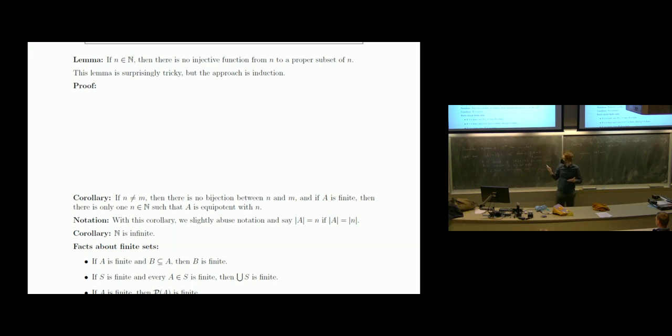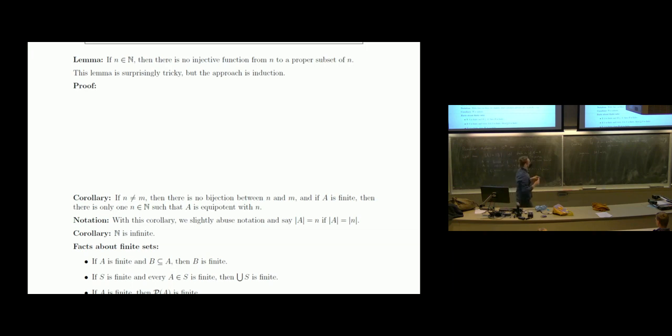And in fact, I'm agnostic about even naming sizes at this point. We don't have enough theory to give names to all the sizes. Here, I'm introducing a name for each finite size. Like the size 7 is named by our natural number 7, which is the set 0 through 6. And it would be very convenient to have names for all of the sizes, but that's actually quite hard. We have to postpone that till pretty late in the class.